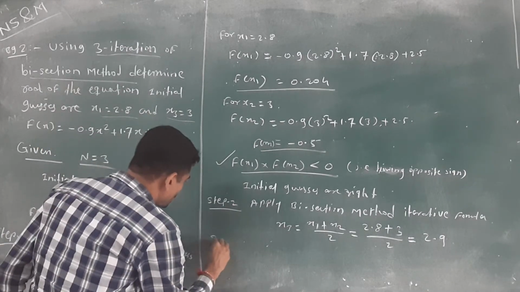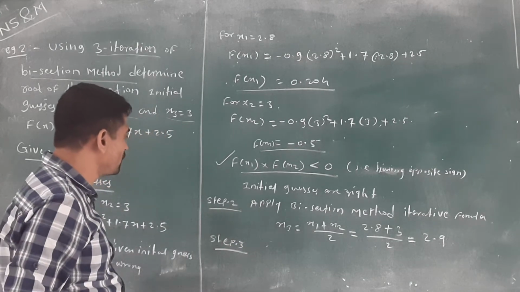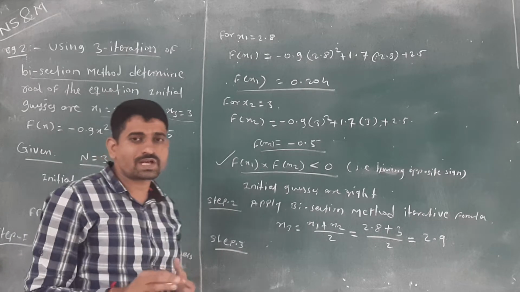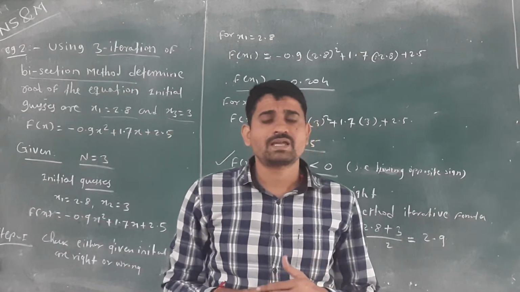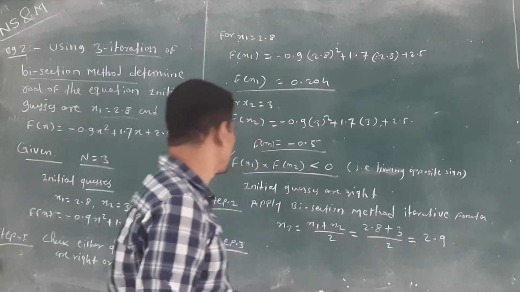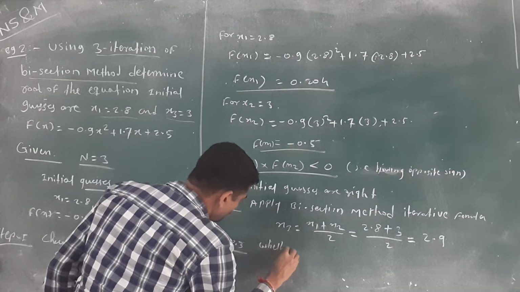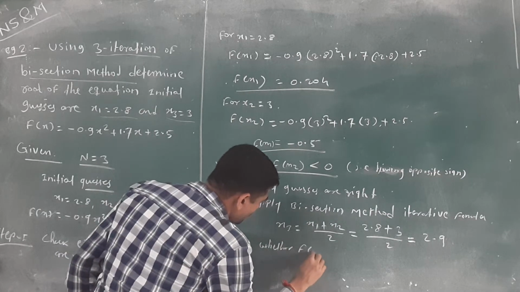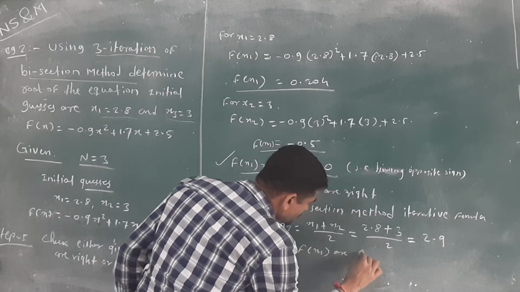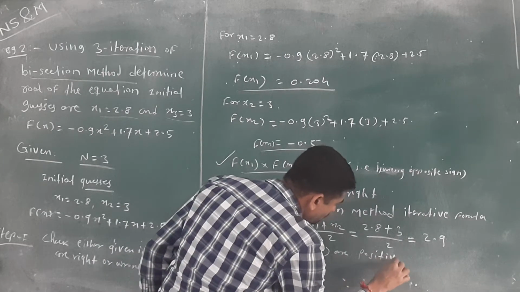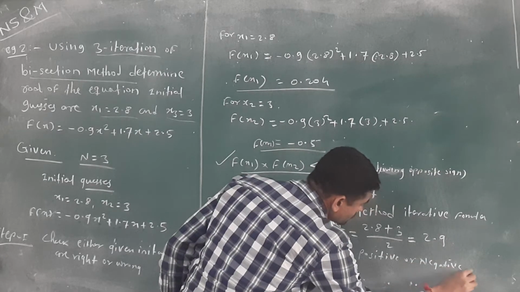This is step number 2. Once you have calculated the x3 value in step number 2, you have to check whether f of x3 is positive or negative. How do we check that?